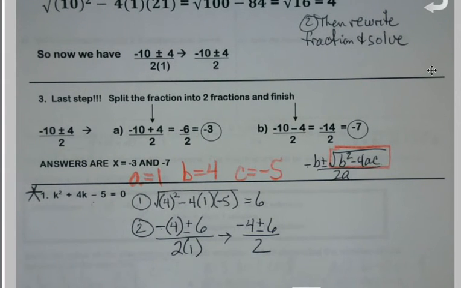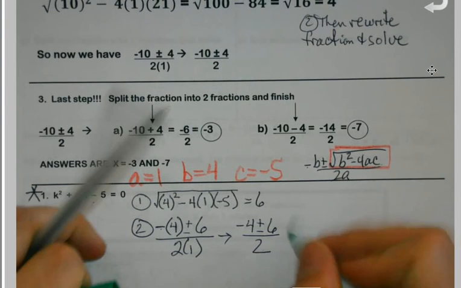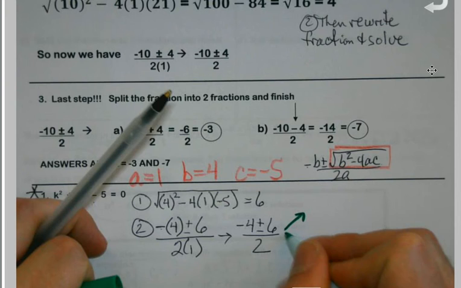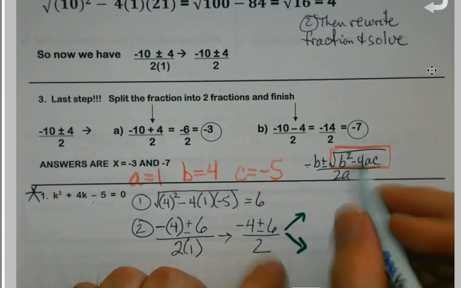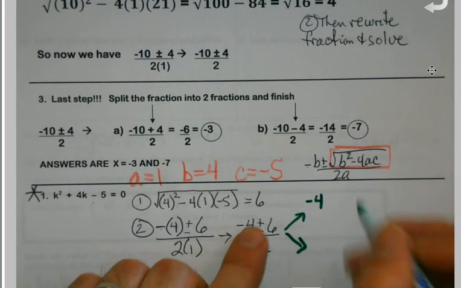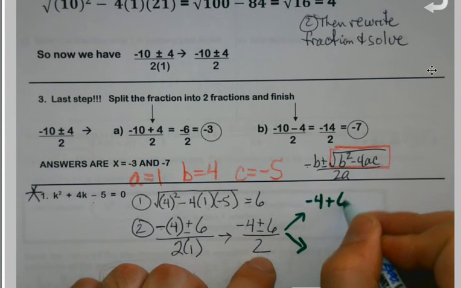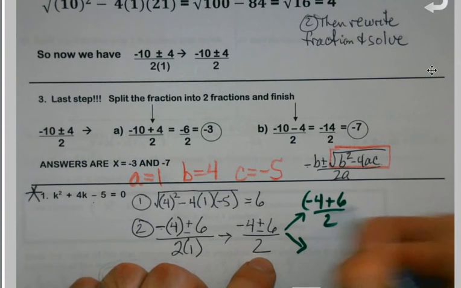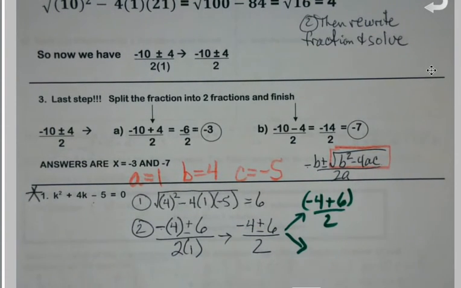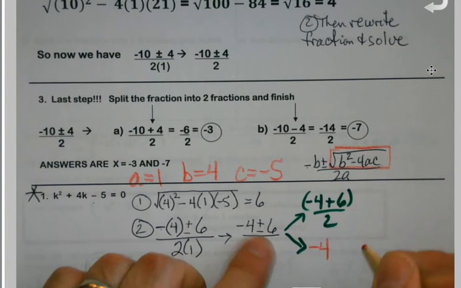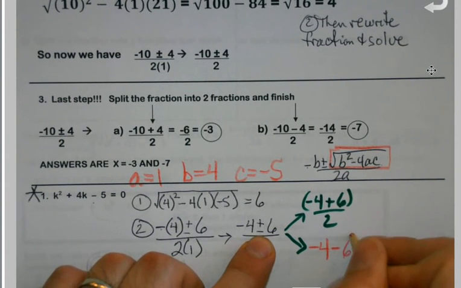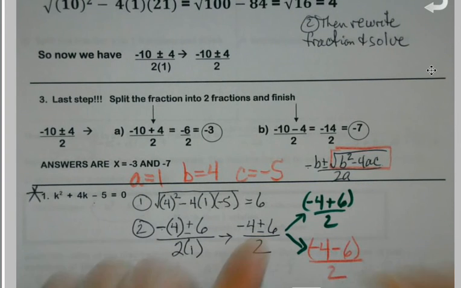Well, can I just leave it that way? Well, no, we actually want to know what the answers are. So here's how this is going to work to finish. I'm going to split this up into 2 little mini fractions. Because of that plus minus, I'd have negative 4 plus 6 over 2. But I'm also going to have negative 4 minus 6 over 2.